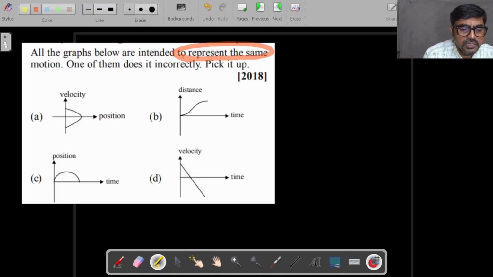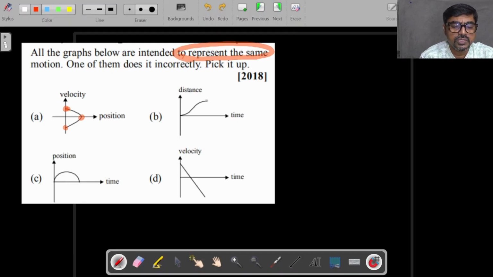Okay, now let us analyze the first graph. When position is 0, you have maximum velocity, positive sometimes and negative sometimes, and there is a point where it has 0 velocity also. But if you focus on this entire graph, nowhere is the slope 0.